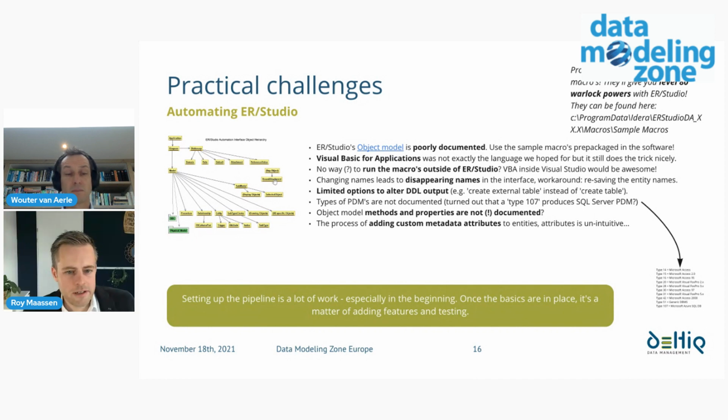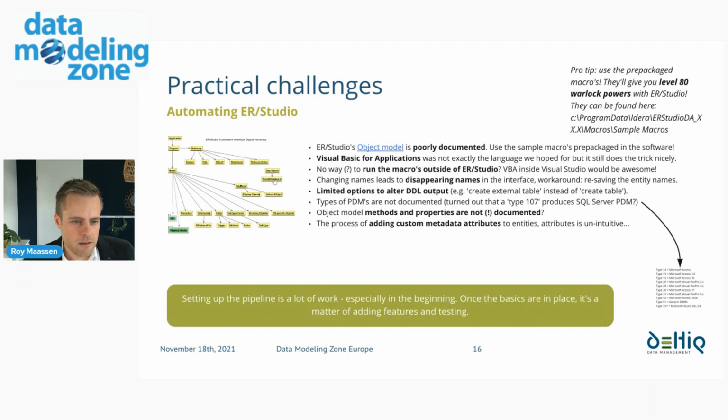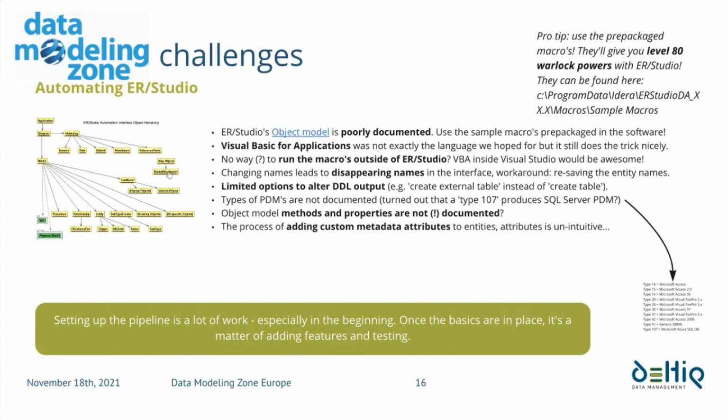Yes, a lot of things we had to figure out ourselves because the object model is poorly documented. I think the most handy visualization was the object model you see on the left there. It's also in the slides afterwards. One of the things I've learned with ER Studio is that you learn best using the sample macros. There are a lot of sample macros prepackaged in the software. Use them.